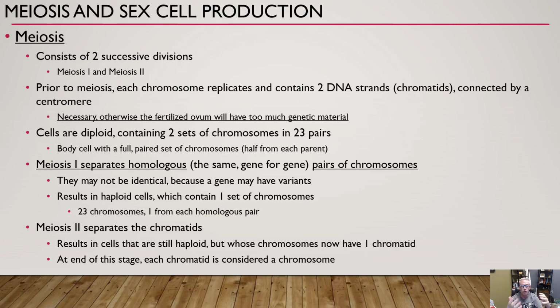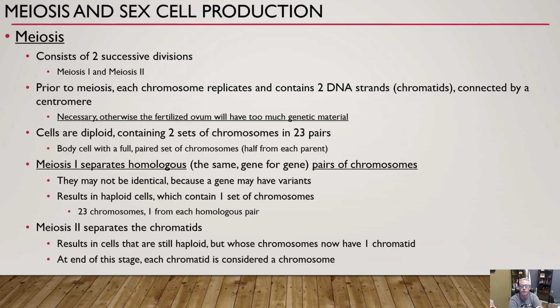Meiosis 1 separates homologous pairs of chromosomes. Homologous just means the same, or gene for gene. They're not necessarily going to be identical, only because those genes may have variants. And we'll see in a couple slides what those variants are.